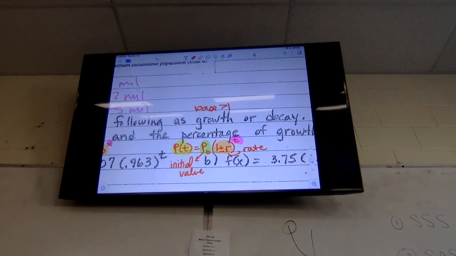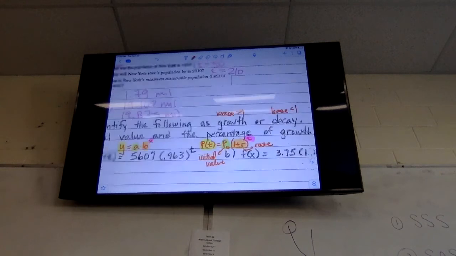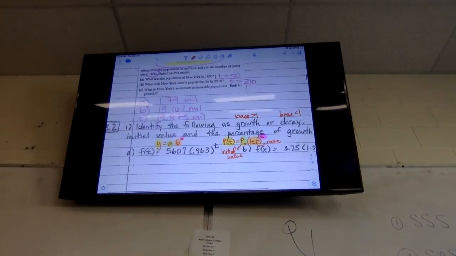That means I had 1 and I added something to it. And decay is when you have a base that's less than 1. That means I had 1 and I subtracted something off of it. So it's going to be less than 1. By just looking, we can figure out whether it's growth or decay. We need to do a little bit of math to figure out what percentage of growth or decay it is. Okay.